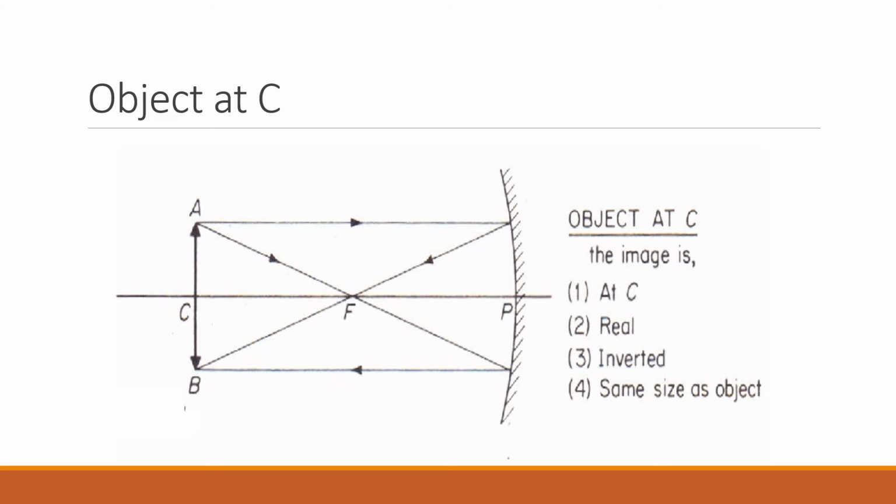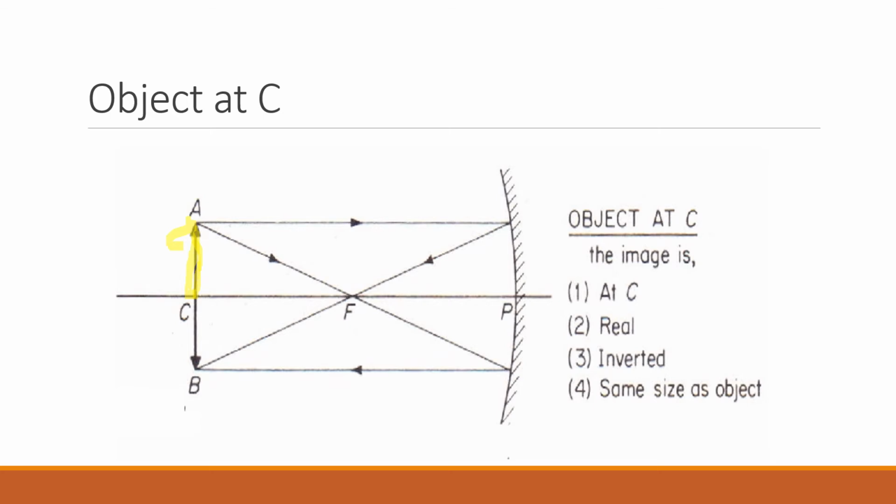So the first one is when your object is at C. This is my object. This object is placed on the principal axis and in the upright position.